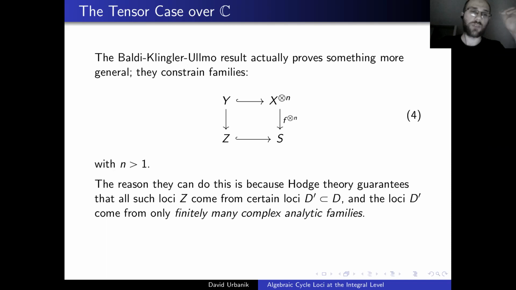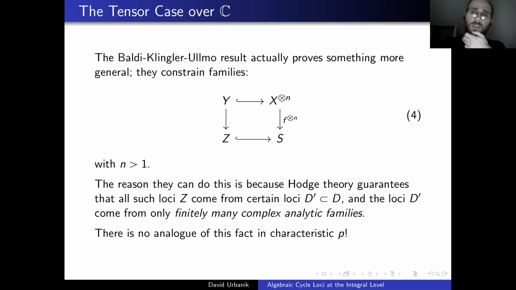And that comes from the fact that these groups are reductive and have a special structure and things like this. So in the Hodge theoretic setting, the algebraic cycles, the conjecturally algebraic cycles, are more constrained and belong to finitely many families of loci in this moduli space of Hodge structures.